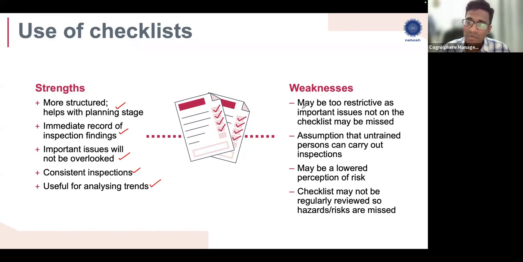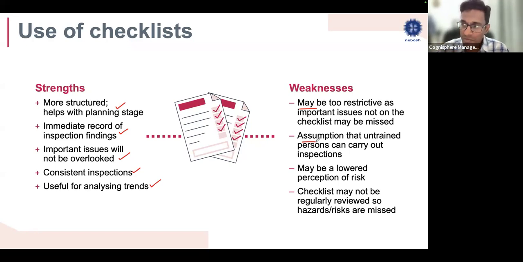Now, weakness: it may be too restrictive, as important issues not on the checklist may be missed. So, as an inspector, I will not be looking into any topic or any area which is not included in the checklist. Okay. So, if your checklist is not up to date or if it is not tailored, then it could be a weakness. Assumption that an untrained person can carry out inspection, because people think that anybody can do an inspection with the help of a checklist, but that is not the case.